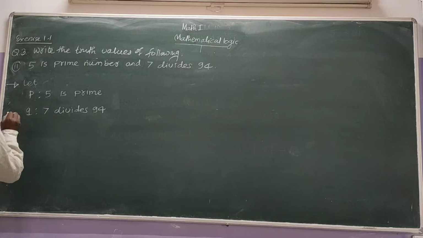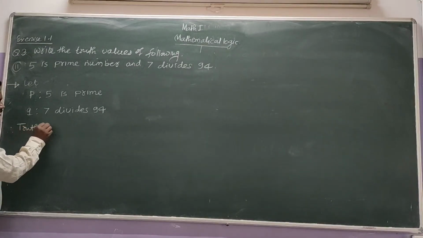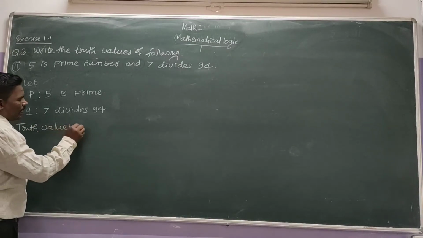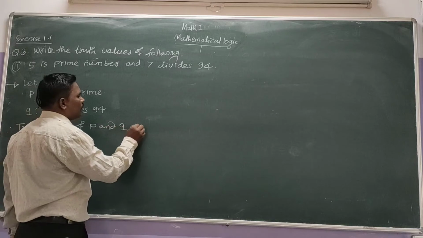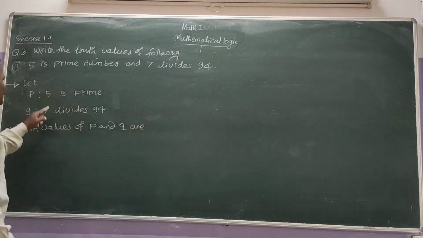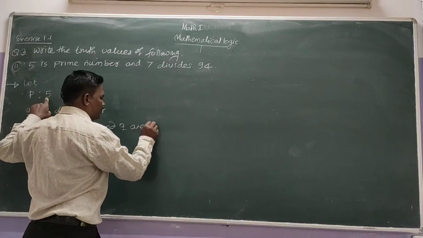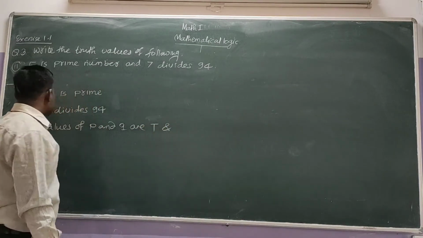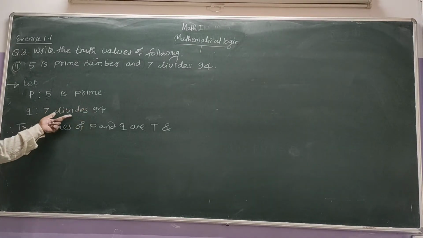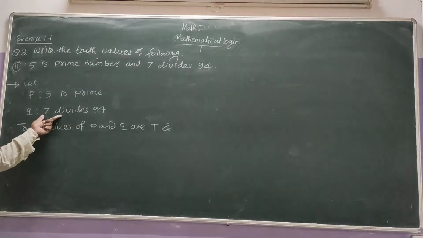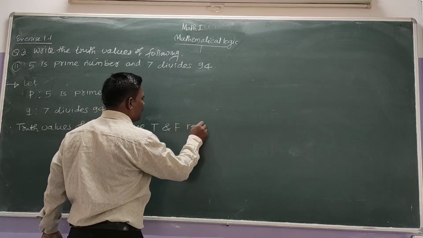Therefore truth values of p and q are: 5 is prime, that is correct. Therefore its truth value is true. And second, 7 divides 94. Therefore, this is not possible. Therefore, this is false. Therefore, second q is false respectively.